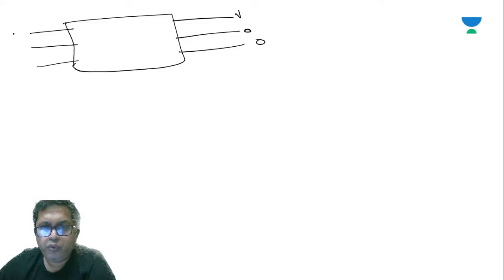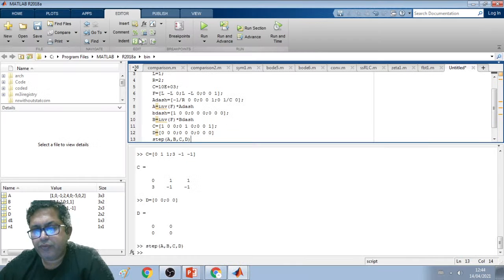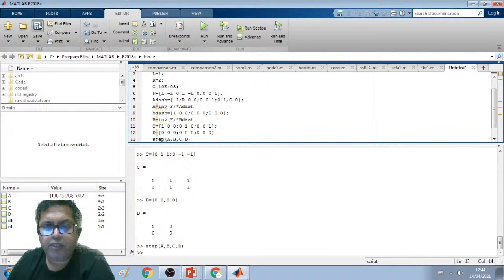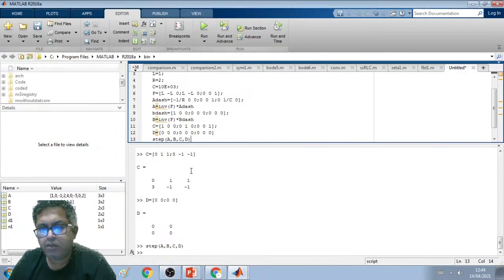Here input 1 v 0 0, outputs y1 y2 y3. Let us see how many responses we will get. Okay, we'll save this. Step, state space. Okay, we will enter this.